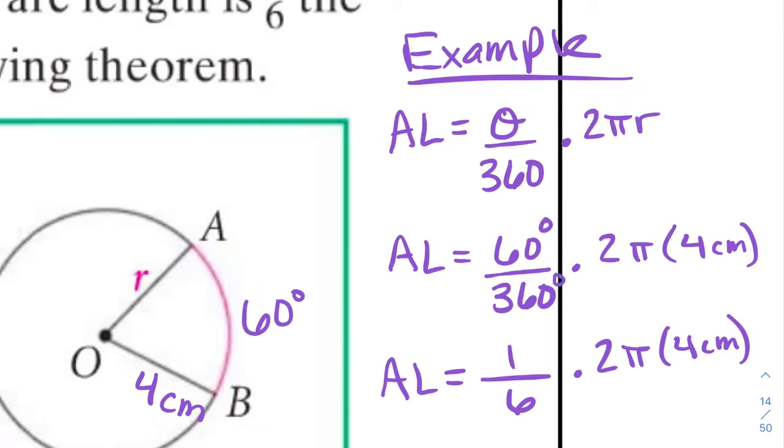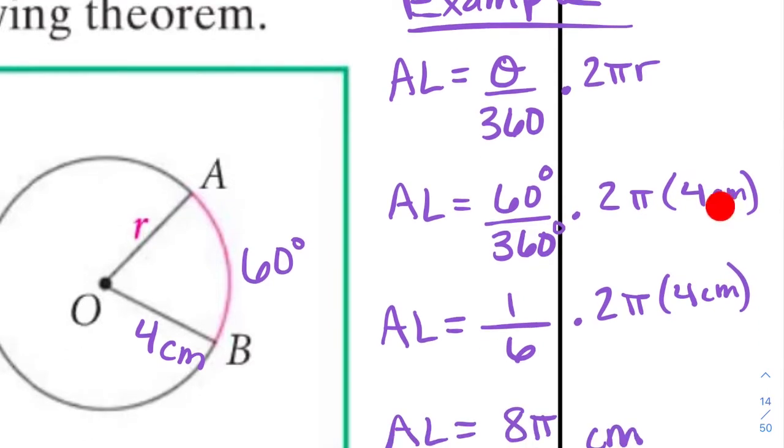Now we could either multiply across, we could do 4 times 2 times pi times 60, or we could simplify this first. So it's really up to you how you want to do it. You can multiply across and then simplify. Sometimes it might be easier to simplify than to multiply across. So I simplified 60 over 360 to 1 over 6, and then I multiplied across.